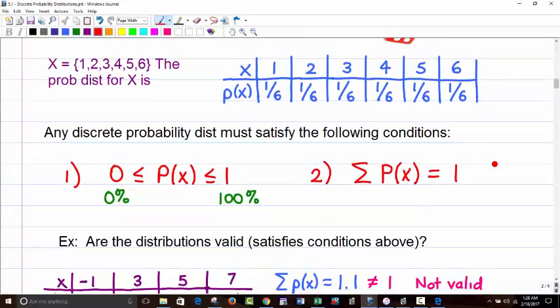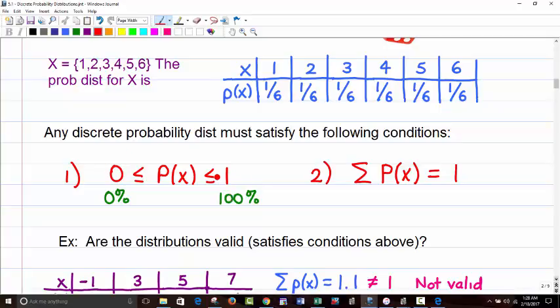And a basic discrete probability distribution must satisfy the two following conditions. Now, one of these you would have seen back in finite math: the probability of any particular outcome has got to be a number between 0 and 1. It could be 0, meaning it has no chance of occurring, or it can be 1, which is a 100% chance of occurring, or somewhere in between.